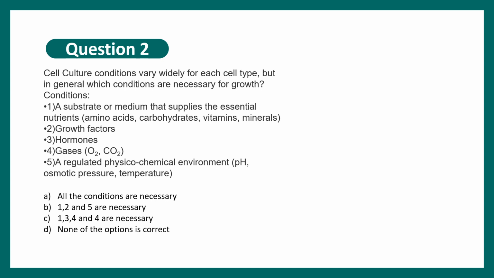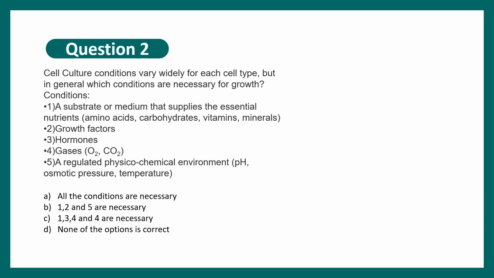Condition 1 is the substrate or medium that supplies essential nutrients, amino acids, carbohydrates, vitamins, minerals, etc. Second is growth factors. Third is growth hormone. Fourth is gases. And fifth, a regulated physicochemical environment like pH, osmotic pressure, temperature. So the answer says all of these conditions are necessary.